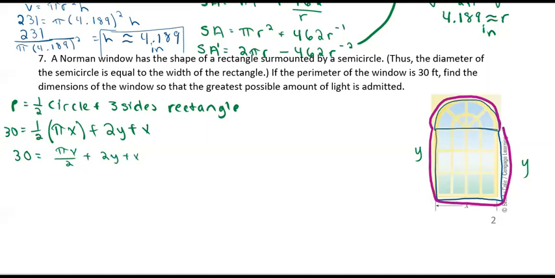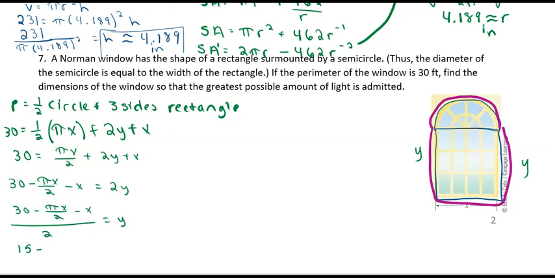If I move this pi x over 2 and this x over, 30 minus pi x over 2 minus x will leave me with 2y. If I divide this whole thing by 2, that'll be 30 minus pi x over 2 minus x, all over 2, equals y. All right, we can work this out. 30 over 2 is 15.